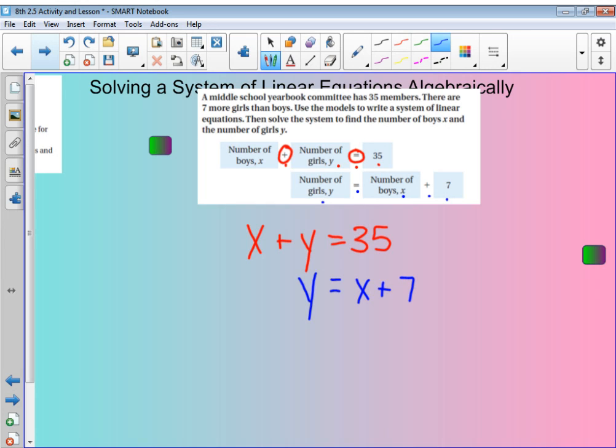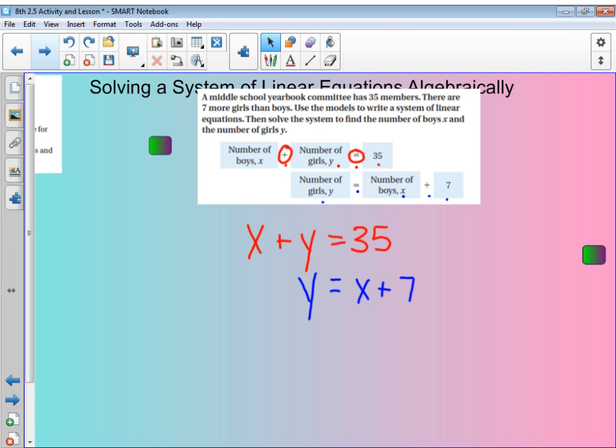Now, yesterday when we worked through to graph these, remember in order to graph these, we had to have them in our Y equals format. Well, today we're still going to do that. We're going to isolate to get that Y by itself. So if I look at that first equation, I need to get that X out of there.